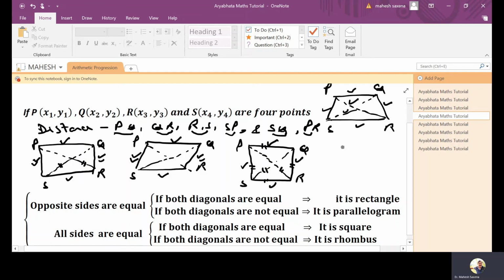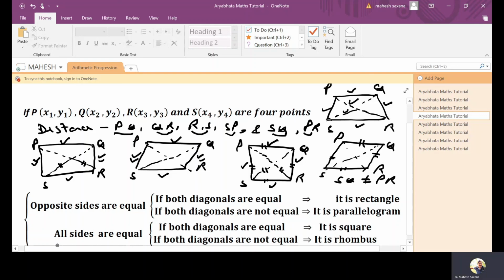Now we come to the fourth case. Suppose PQRS is a quadrilateral such that all its sides are equal, that is PQ, QR, RS, and SP are equal, but diagonal SQ is not equal to PR, then it is a rhombus.